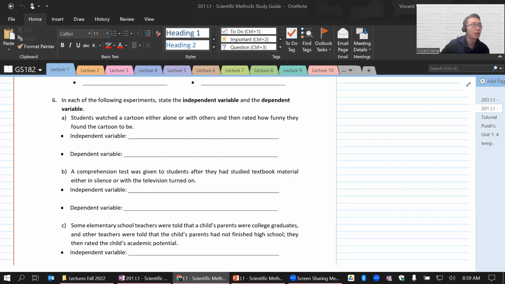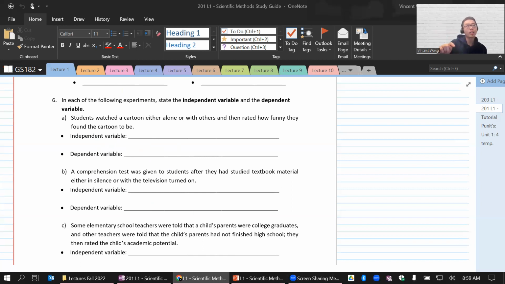And then we'll come back together and take it up. Do you guys understand what you have to do? I'm going to put you in groups. You're going to read the questions and then decide what the independent and dependent variable is.